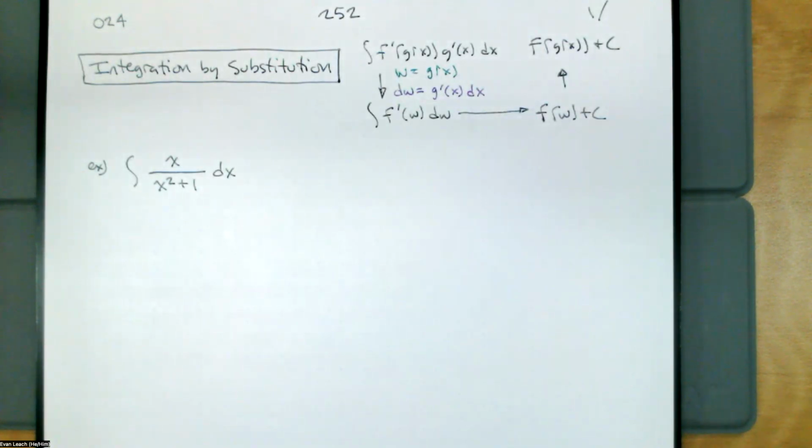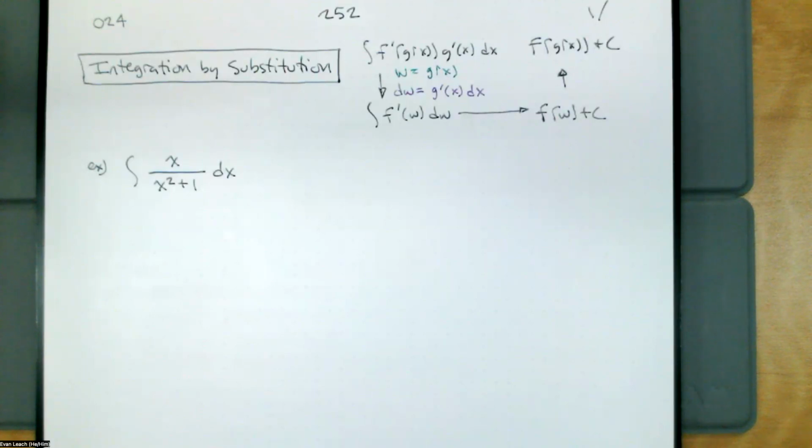The goal is to look at this problem and immediately identify the integral as 1/2 natural log of x squared plus 1 plus c. That's what we're aiming for. In a couple of weeks, you'll just look at this one and write down what the answer is supposed to be, or look at something similar, not just memorize this one particular integral.